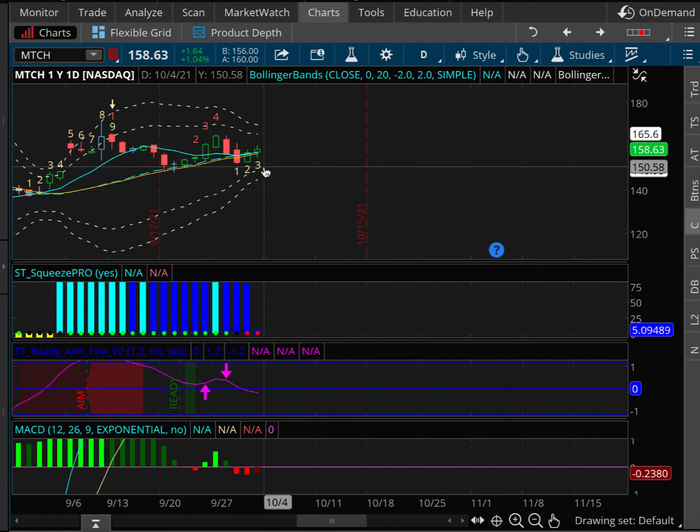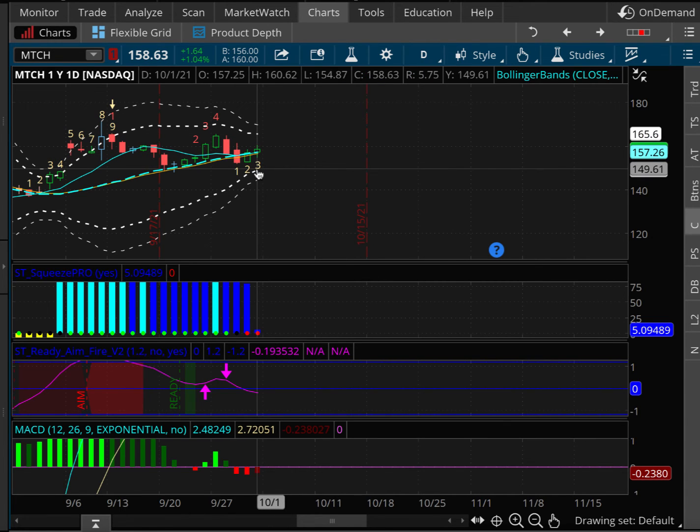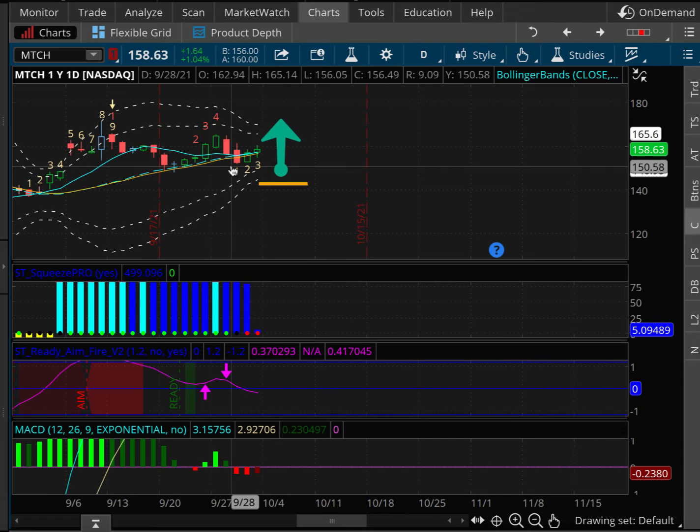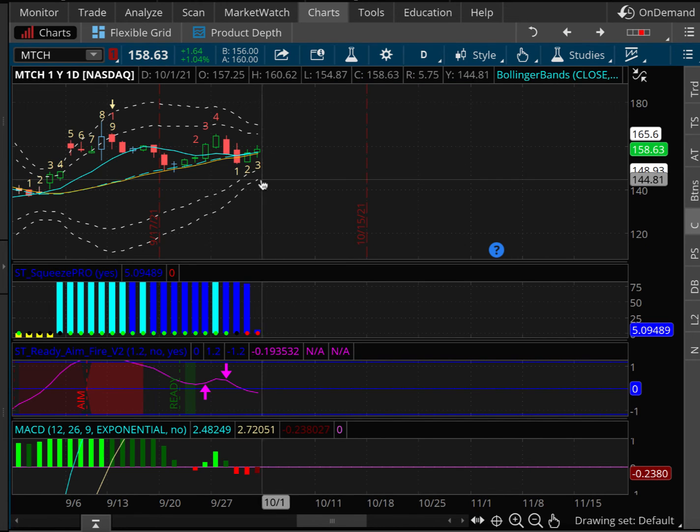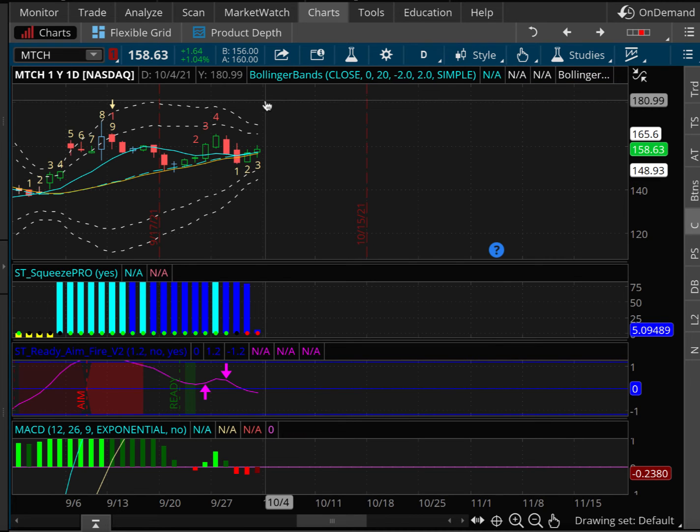With a put credit spread, you're going to be selling the spread, and you want the price to stay above a certain level. So what you would do is determine some level of support, maybe here, or maybe even safer down here if you can, and you will profit from a credit spread so long as the price is above a certain level.